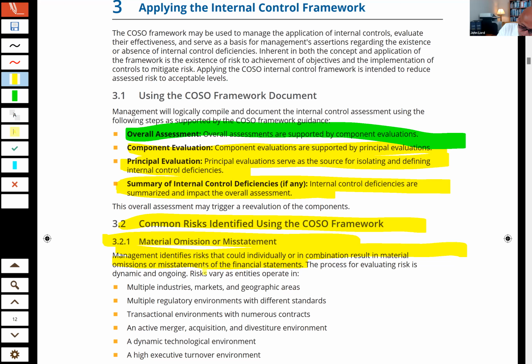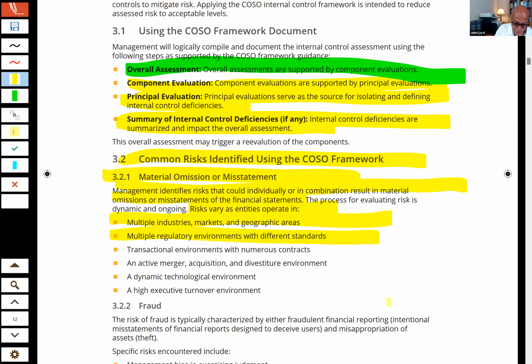Okay, but risk may vary as entities operate in multiple industries, regulatory environments, again getting to that compliance aspect, transactional environments, management style, whether they are dynamic, active merger, acquisition, divestiture environment, dynamic technological environment, high turnover rates.